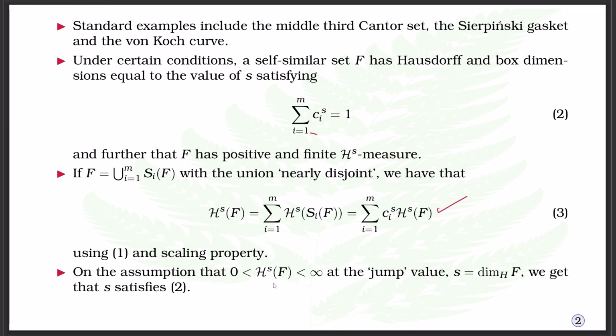On the assumption that H^s of F lies between 0 and infinity, the jump value s, where H^s jumps from infinity to 0, is called the Hausdorff dimension of F, which satisfies equation number 2.